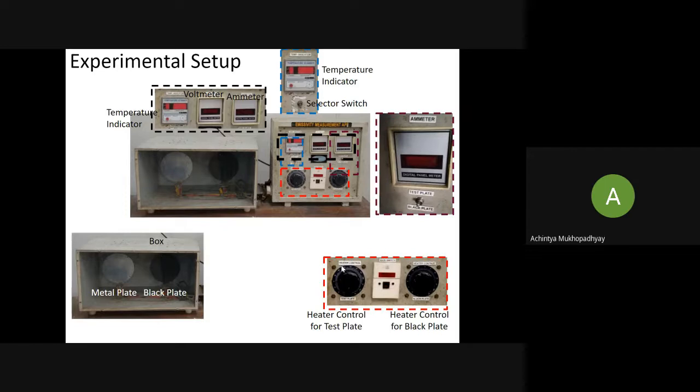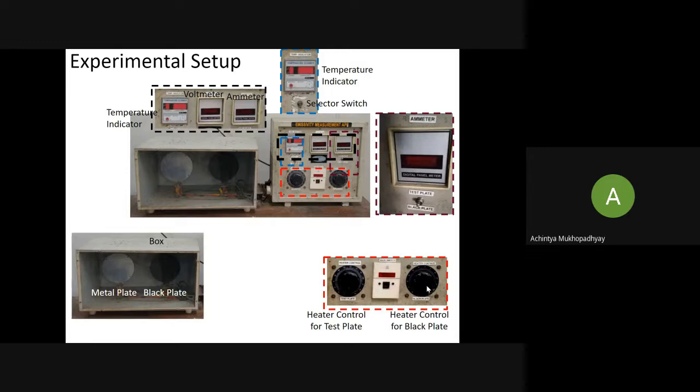Okay, so you have to go to the heater. So on the left hand side is the heater control for the test plate, and on the right hand side is the heater control for the black plate.